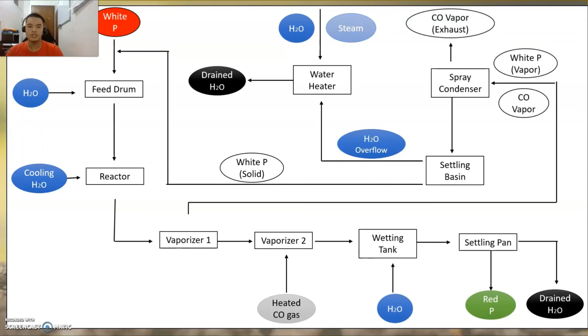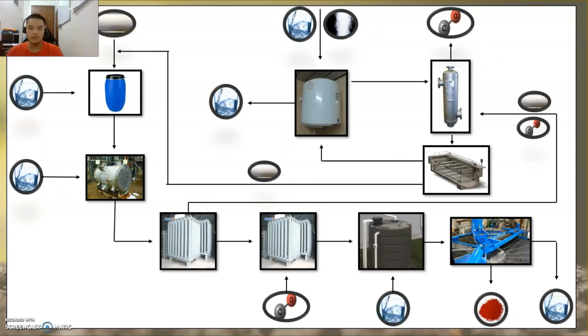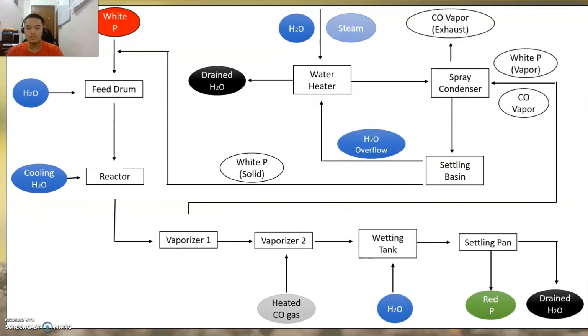One of the outputs of the water heater is drained water, which is discarded, and another output is the slurry, which goes back to the spray condenser. Thus, another cycle is present in the process diagram. So there are two cycles, one from the vaporizer back to the white phosphorus, and a second within the spray condenser and the water heater to the settling basin.